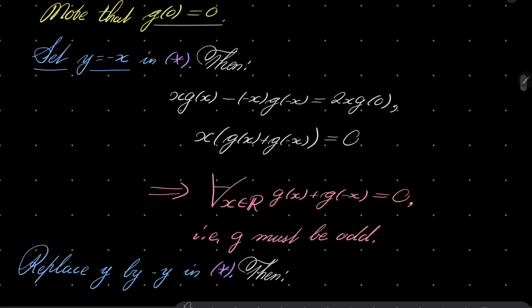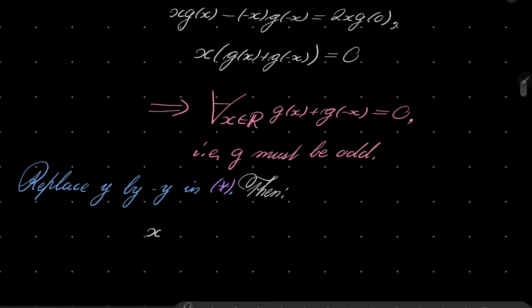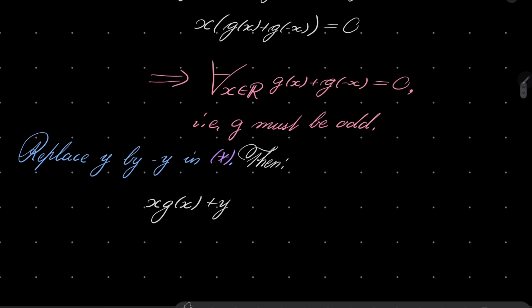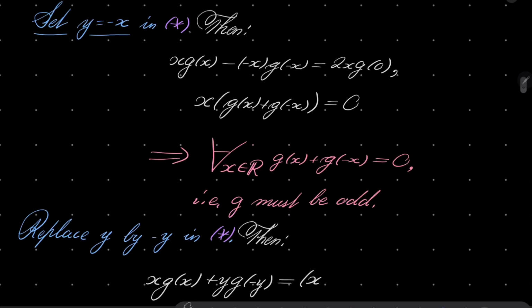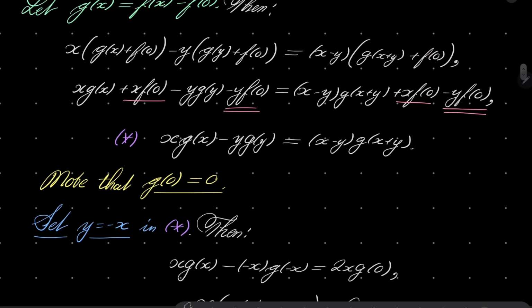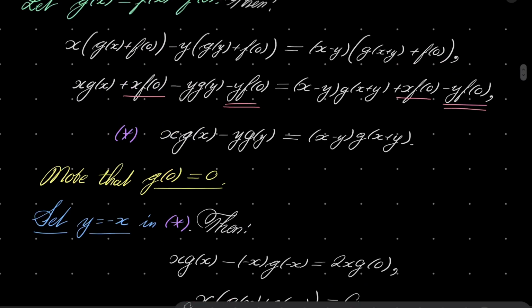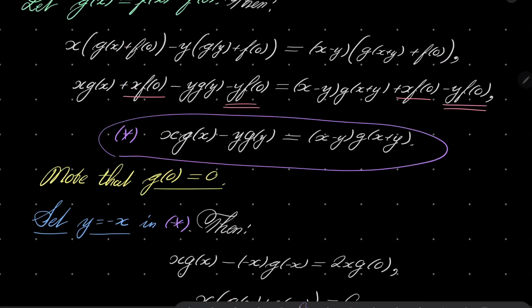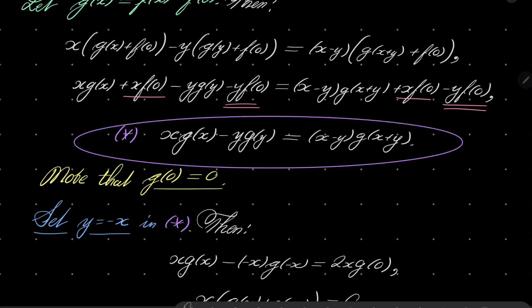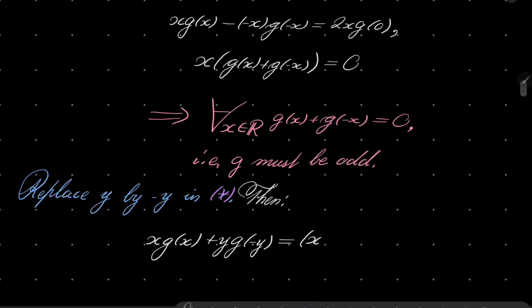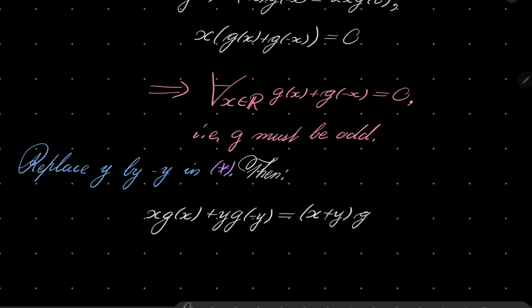Then we have x g of x minus y, but minus y becomes plus y, g of minus y equals (x plus y) g of x minus y, since x minus minus y is x plus y.